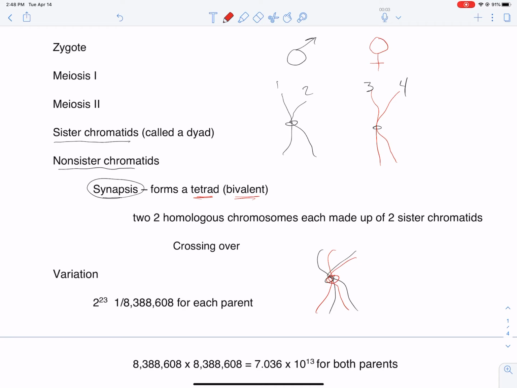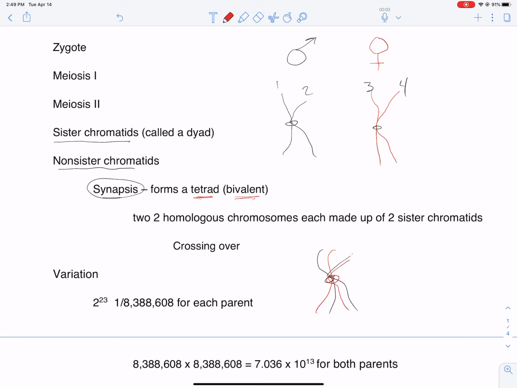And something else that happens is called crossing over. And that's when a little piece of non-sister chromatids kind of break off and then switch with each other. I will show that more tomorrow, but let's say this little piece, that red one that I'm erasing there, and the black one I'm erasing, if they would switch.